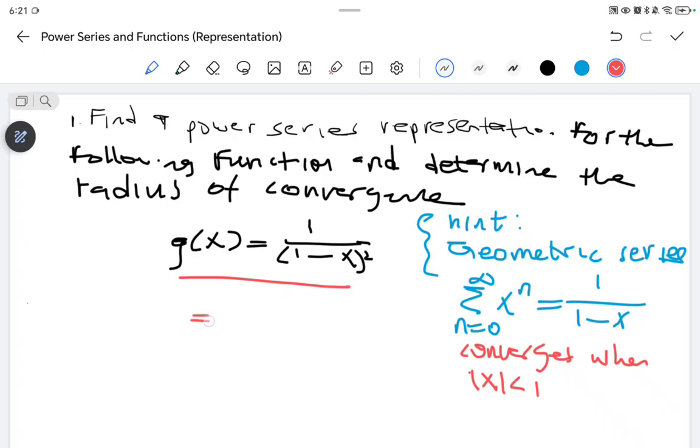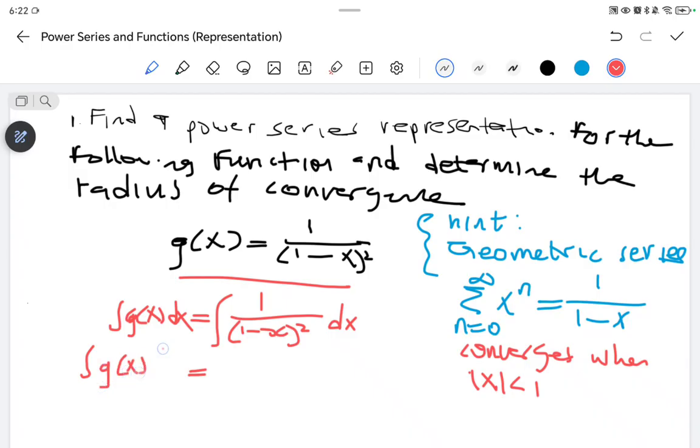If I integrate 1 over 1 minus x squared dx, what do you think I can get? Can anyone tell me how we integrate this?